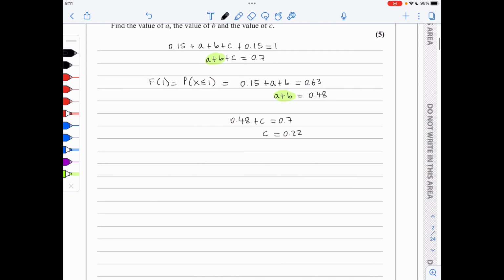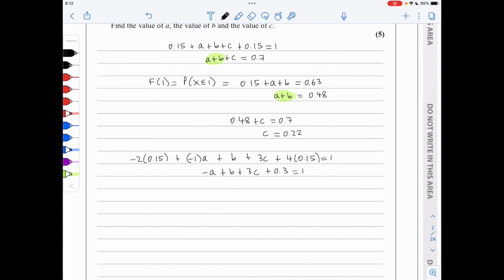So we've got that minus 2 times 0.15 plus minus 1 times a plus b plus 3c plus 4 times 0.15 is equal to 1, and therefore this gives me that minus a plus b plus 3c plus 0.3 is equal to 1.